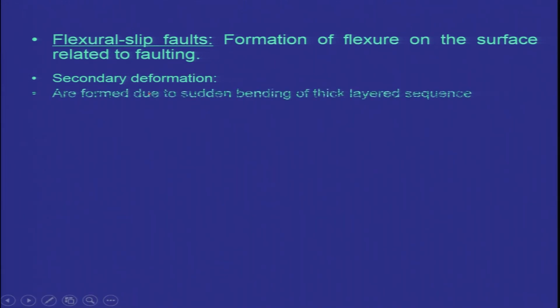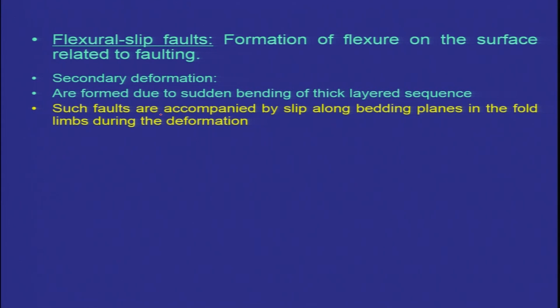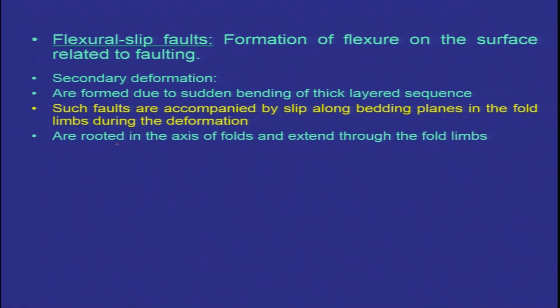Flexure-slip faults are flexures formed on the surface related to faulting. We consider this a secondary deformation, formed due to sudden bending of a thick layered sequence. Such faults are accompanied by slip along bending planes in fold limbs during the deformation, and are rooted in the axis of the fold and extend through the fold limbs, but they will not be deep seated.